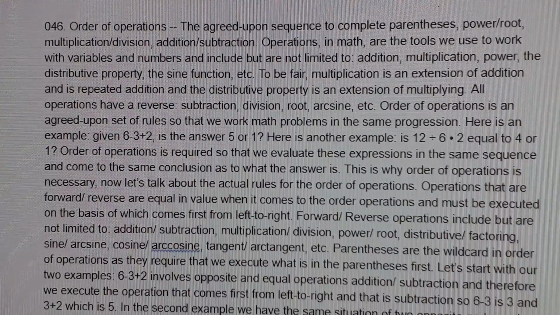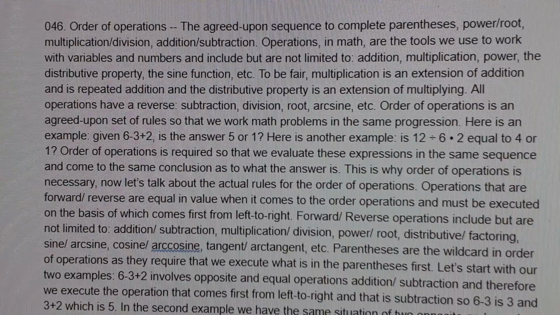Now let's talk about the actual rules for the order of operations. Operations that are forward/reverse are equal in value when it comes to the order of operations and must be executed on the basis of which comes first from left to right.